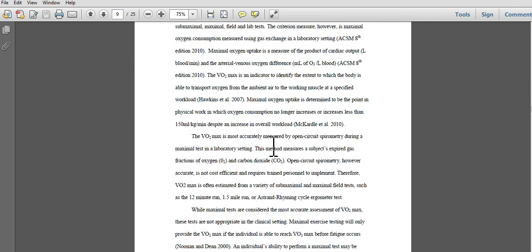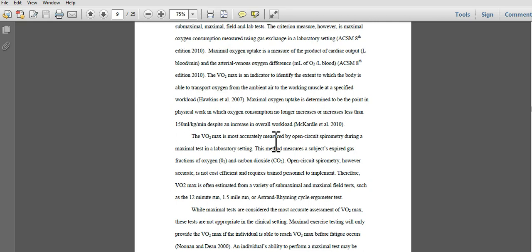In the discussion, basically I'm looking for you to explain to me what happened using your data, and then interpret that. Okay, so if the females had a higher VO2 max than the males, for example, why might that be? Okay, you can give me your hypothesis for why that might be, and then you can also search some peer-reviewed articles online.